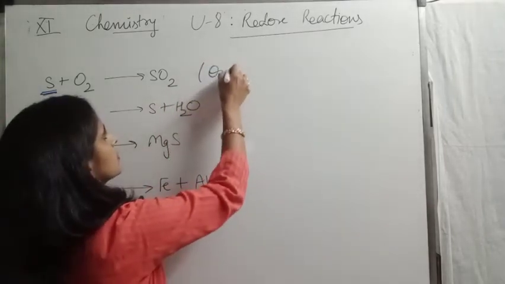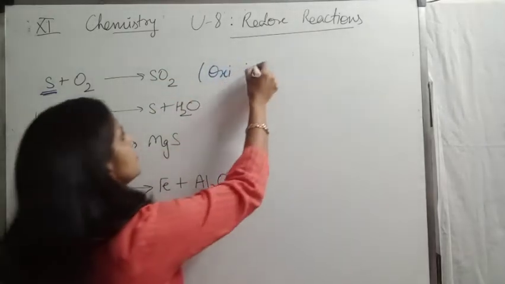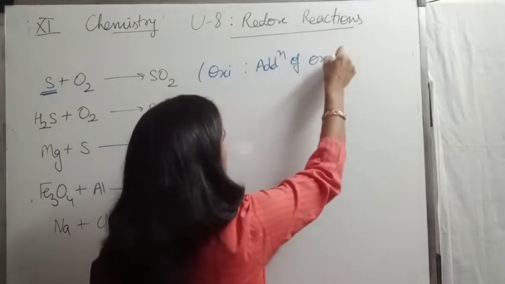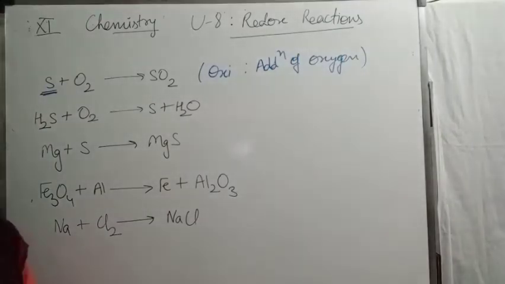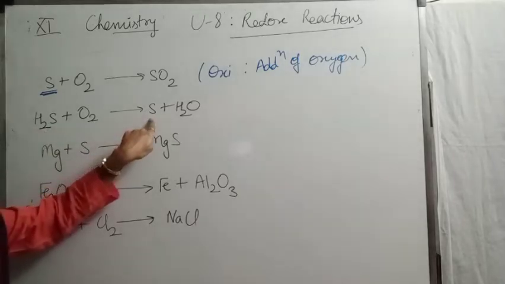So this is the first way to define oxidation. Oxidation is addition of oxygen, a very simple way. Addition of oxygen is termed as oxidation. Just check the second case where H2S is converted into sulfur.